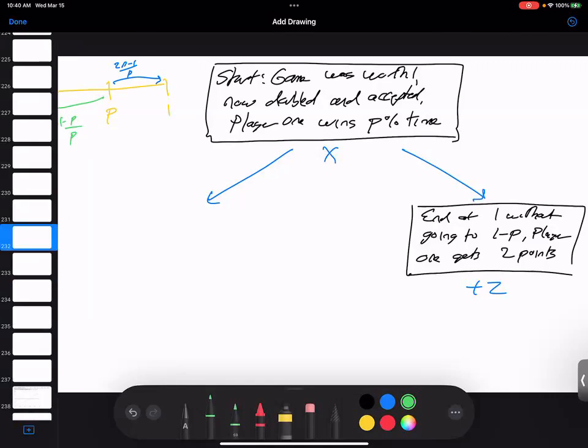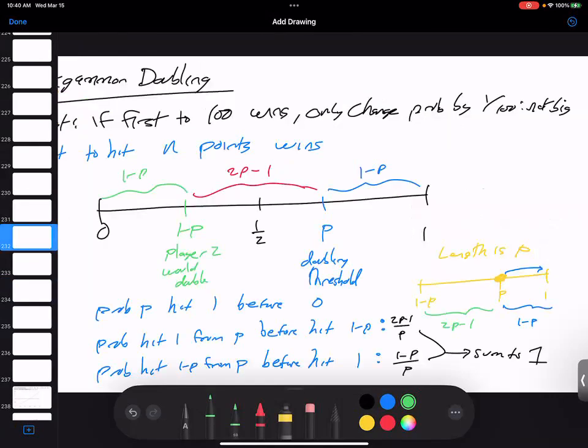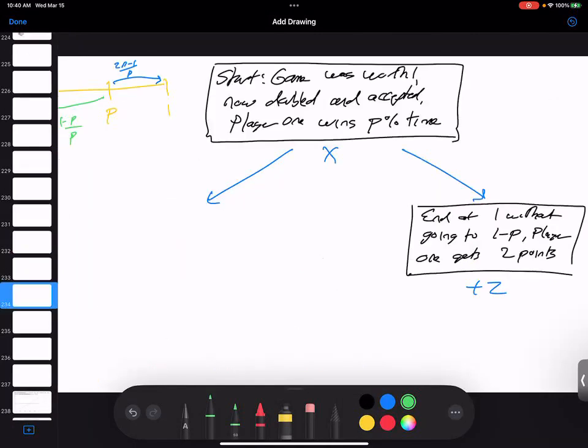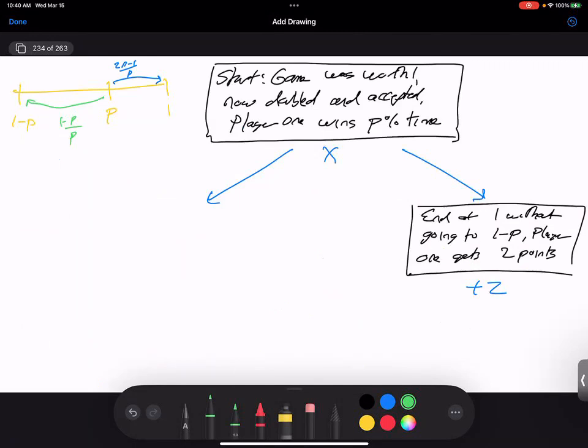I will double check. 2P minus 1 over P, 1 minus P over P. Okay. Everybody's comfortable with those probabilities? So here, this happens 2P minus 1 over P% of the time. Now, if you think about it, P should be more than 1/2, right? So this is at least going to be a positive number. And the closer P is to 1, the closer this is to 100% of the time.